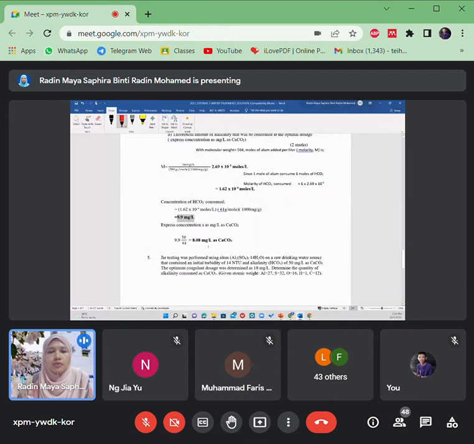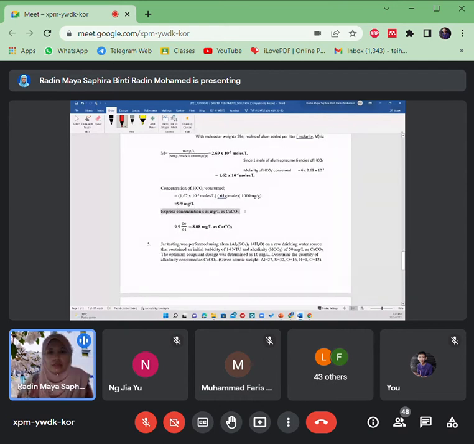Usually for alkalinity, we express it as calcium carbonate, as a hardness. So you need to calculate based on the equivalent weight.